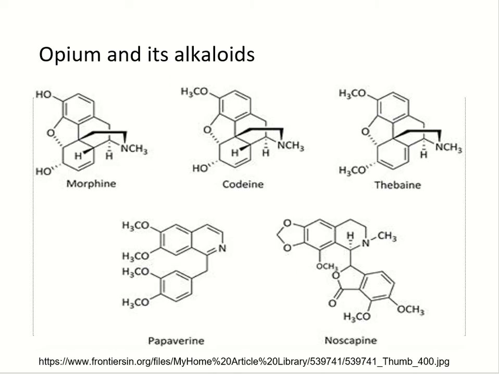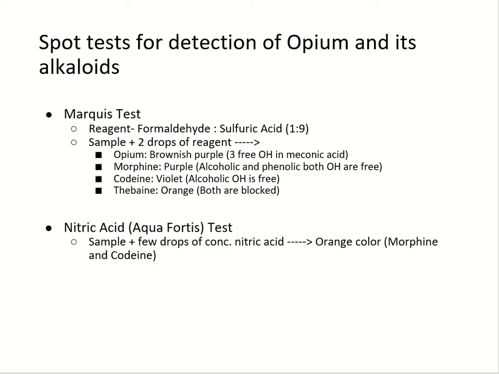Opium and its alkaloids. These are phenanthrene alkaloids and these are isoquinoline alkaloids. Methylation of morphine results in the formation of codeine and dimethylation of morphine results in the formation of thebaine. Spot tests for the detection of opium and its alkaloids: the Marquis test.